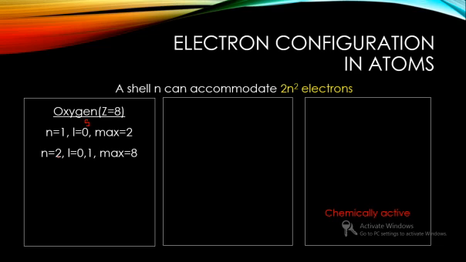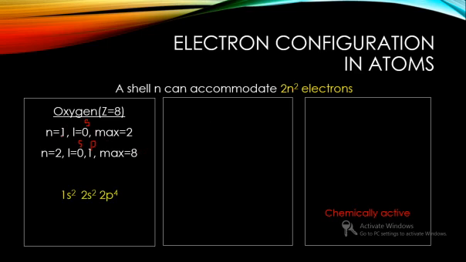The next highest orbit is the second orbit. So for n equal to 2, there will be 2 subshells, which are l equal to 0, which is s, and l equal to 1, which is p. And the maximum number is again given by 2 into 2 square, which is 8 electrons. Okay, so let us represent oxygen.